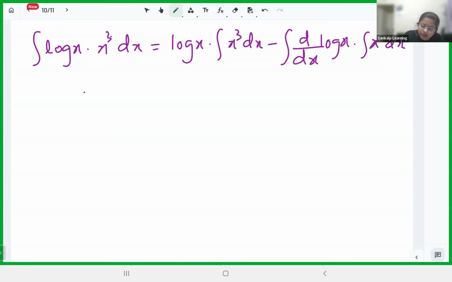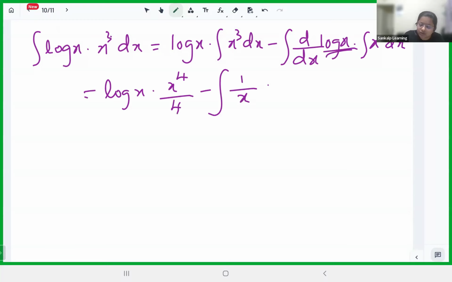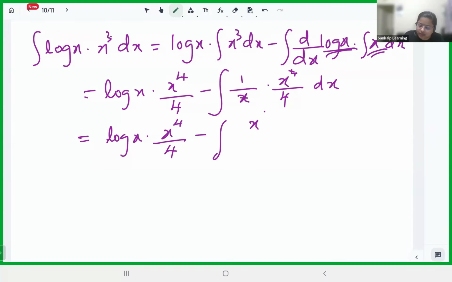So log x into x raised to 4 by 4 minus integral, derivative of log x is 1 by x, into integral of x cube, which is x raised to 4 by 4, into dx. So this is log x into x raised to 4 by 4 minus, the x and 1 by x get cancelled, so minus integral x cube by 4 dx.